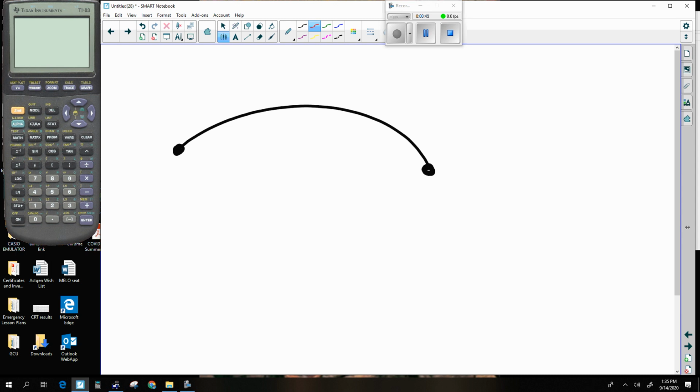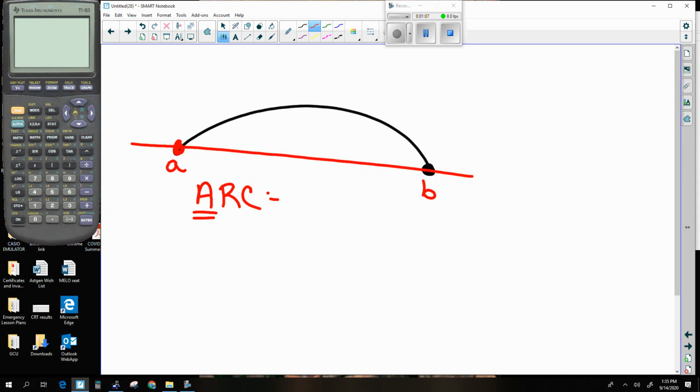If I wanted average rate of change, average being the key word, you take a snapshot at A and B, and that is going to be your average. It's like a slope. So it's f of B minus f of A all over B minus A, kind of like y2 minus y1 over x2 minus x1. That is what an average rate of change is.